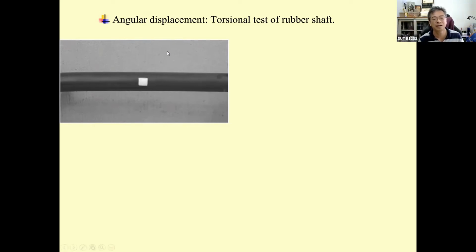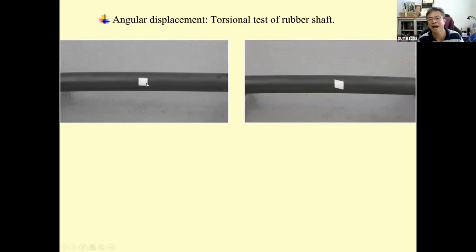The same thing occurs if you mark the rectangle over here and you do the twisting this way. This element will change its shape into the white shape.